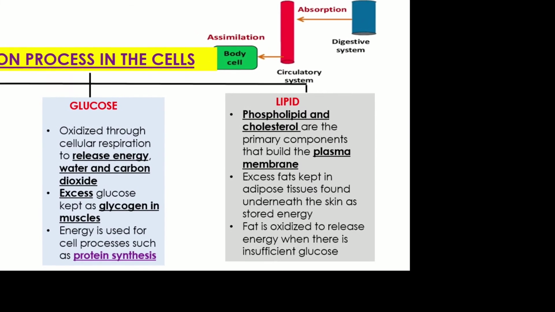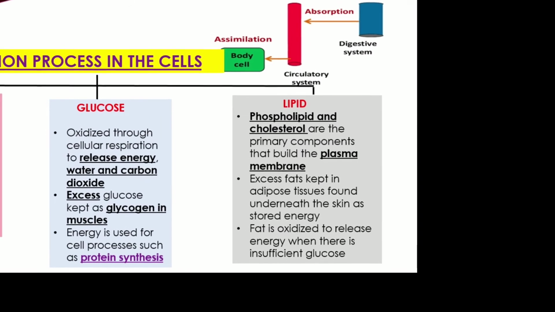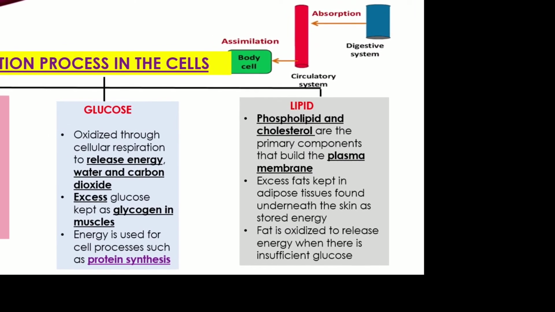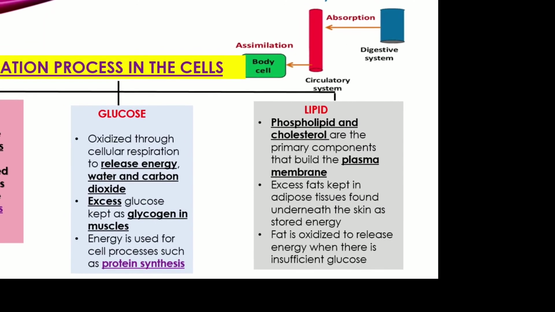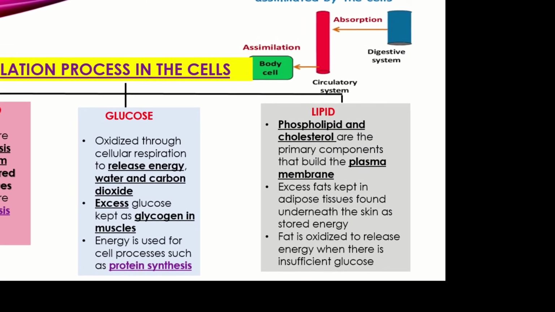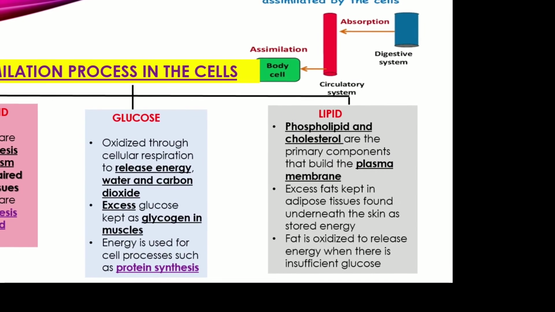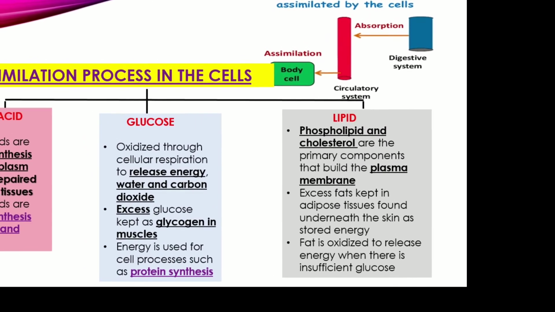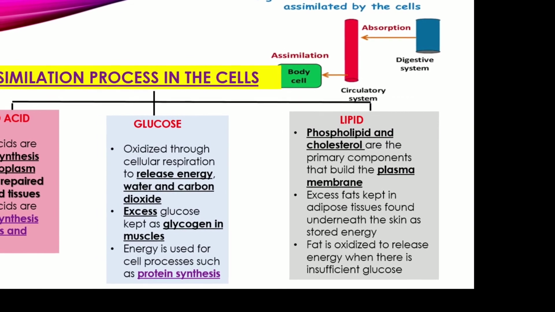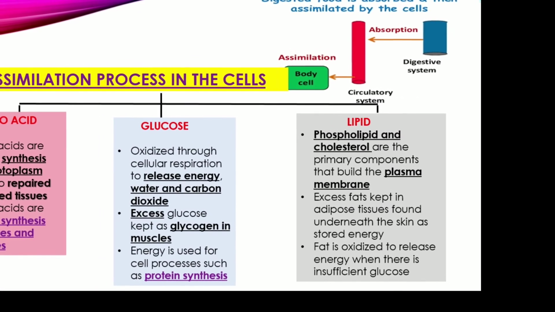The assimilation process in the cell. The amino acids are used to synthesize new protoplasm and also repair damaged tissue. Amino acids are also used to synthesize hormones and enzymes. Glucose will oxidize through cellular respiration to release energy, water, and carbon dioxide. Excess glucose is kept as glycogen in muscle.